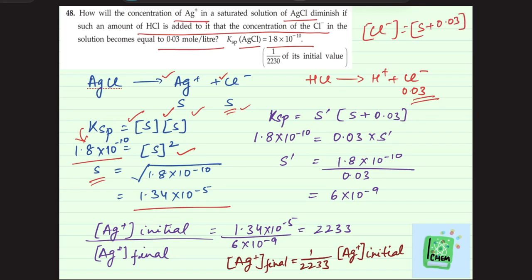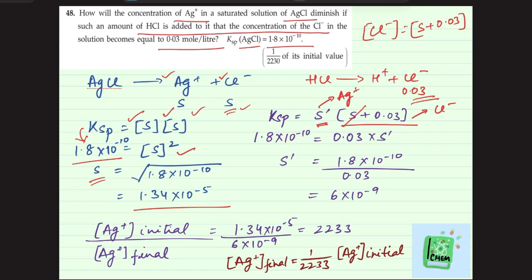Now since the concentration of chloride ion has changed, the concentration of silver ions will also change. Let it be S dash. So now the solubility product will be concentration of silver ions, that is S dash, multiplied by concentration of chloride ions, that is S plus 0.03. This is the concentration of chloride ion and this is the concentration of silver ions.